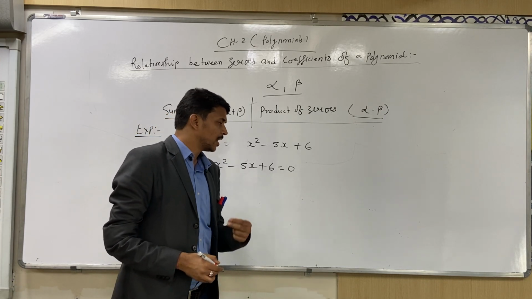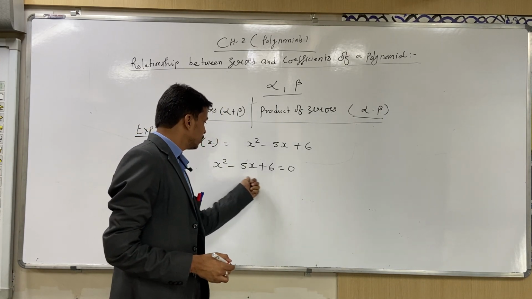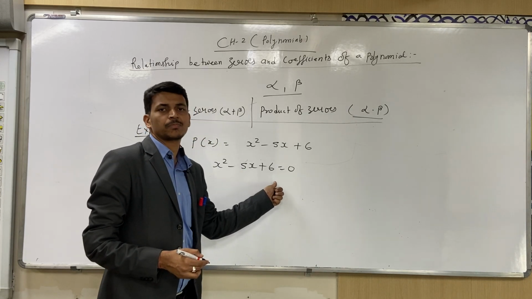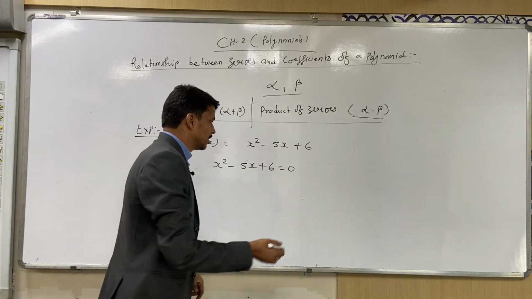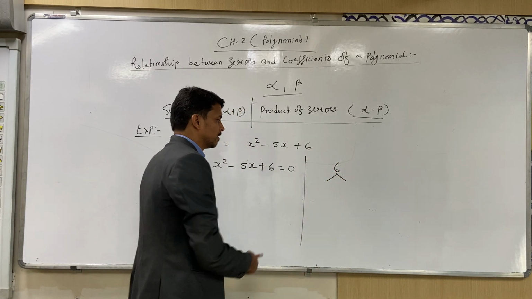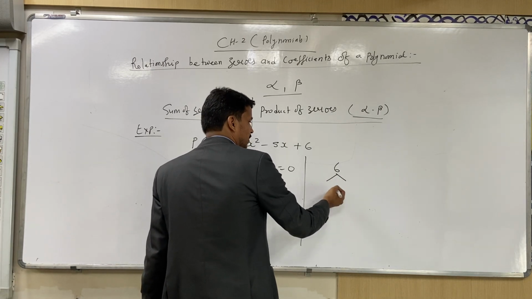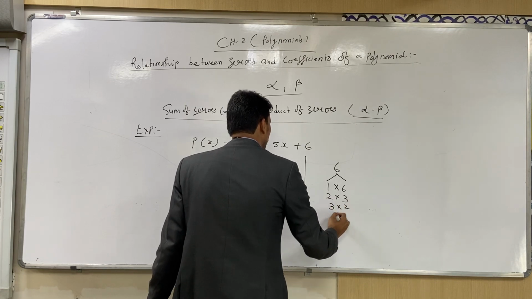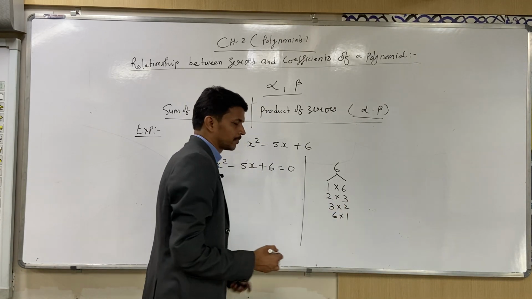After that, let us do factorization of the given expression, x square minus 5x plus 6. Very simple step. You need to take 6 outside. You can do rough work and write all possible factors of 6, like 1 into 6, 2 into 3, 3 into 2, 6 into 1.